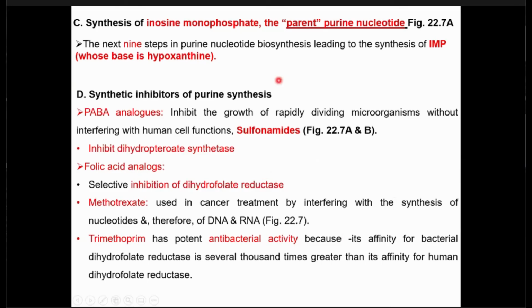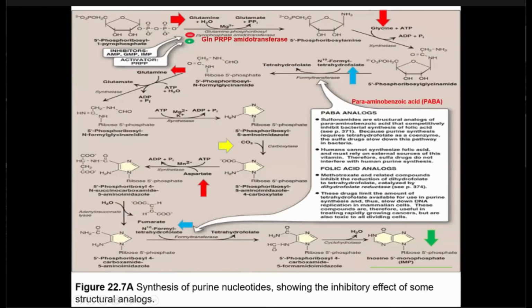Now, one of the questions that has been asked before: what is the parental or the parent of purine nucleotide? The answer is IMP. Can you see the inosine monophosphate, this compound here, this one?